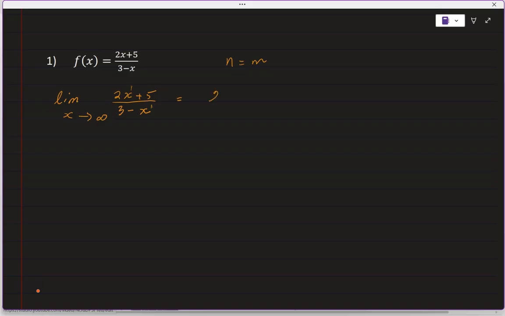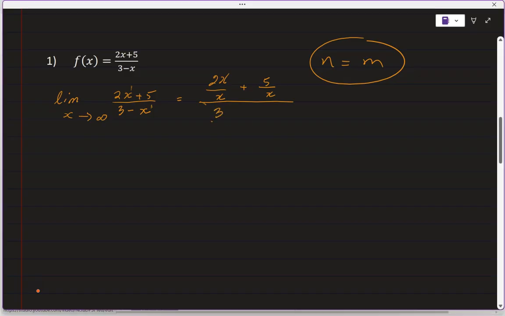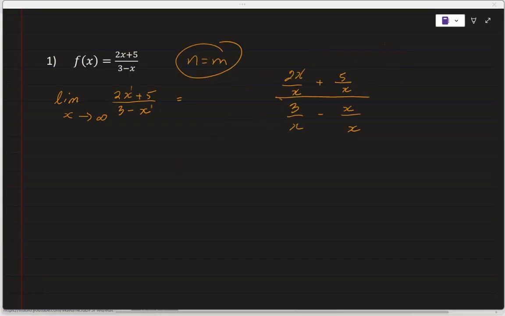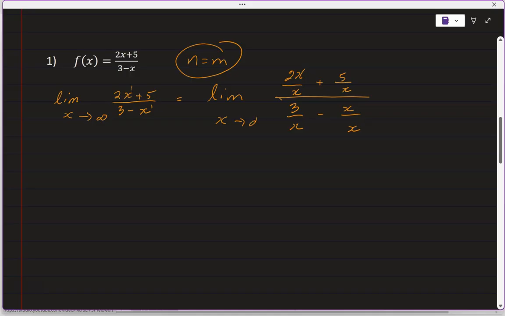So in this case, 2x divided by x plus 5 divided by x, that's for the numerator. And for the denominator, you do the same: 3 divided by x minus x divided by x. Very good. Now we're going to do simplification. So we take the limit as x approaches infinity of the new fractions that we have created.